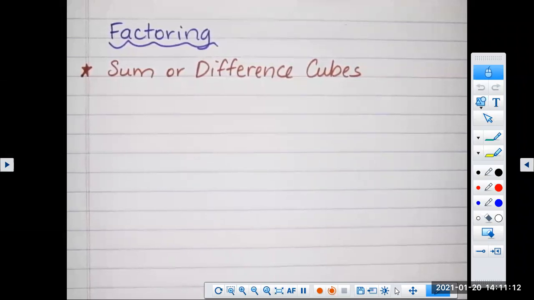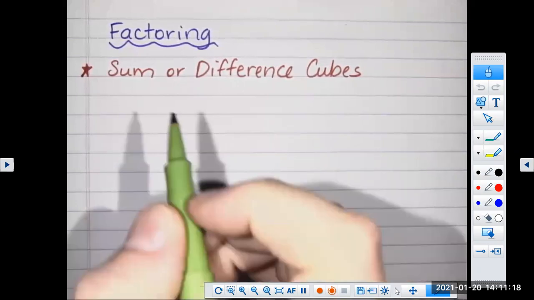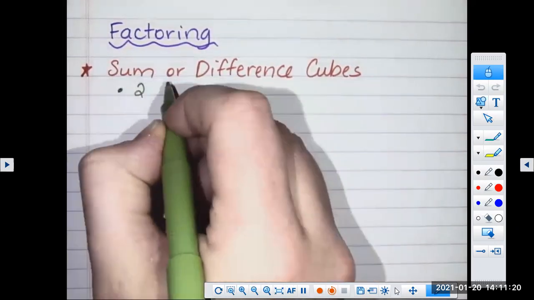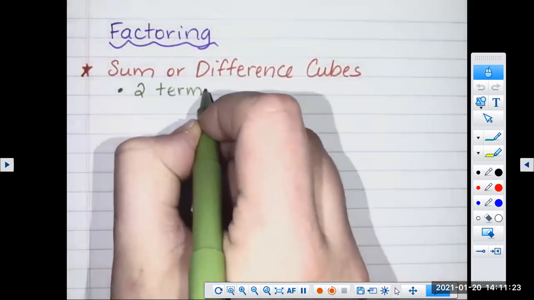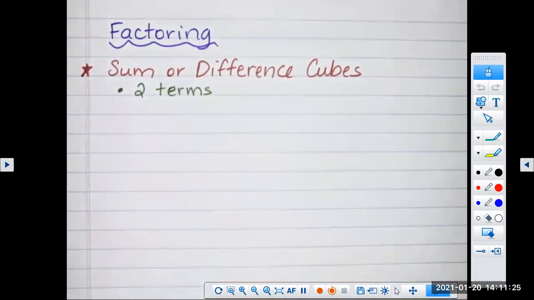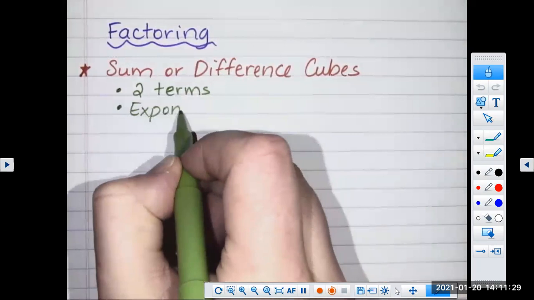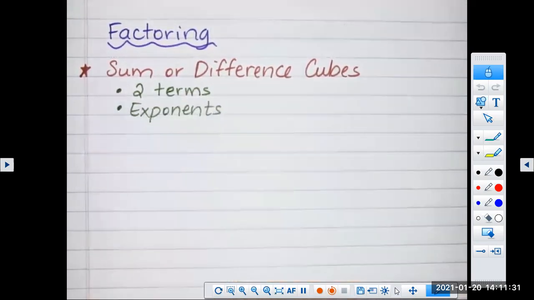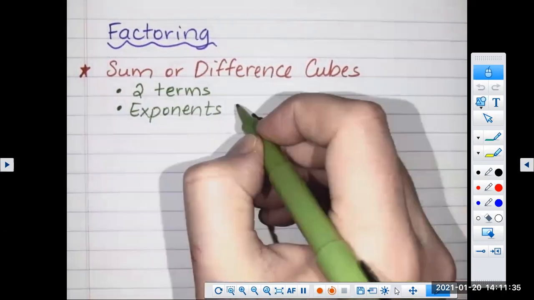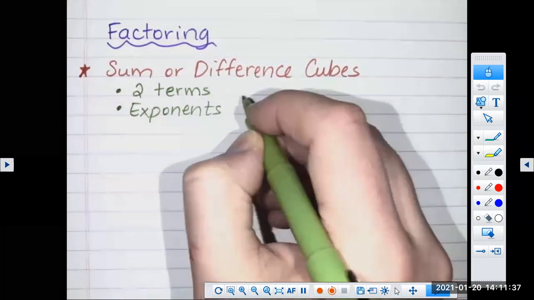Okay, this is how you know if you have the sum or difference of cubes. This is what you're looking for. You're only going to have 2 terms. All of your exponents are divisible by 3, because remember, cubic relates to an exponent of 3.